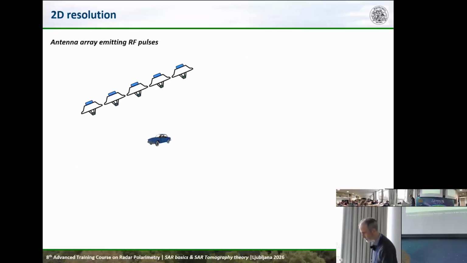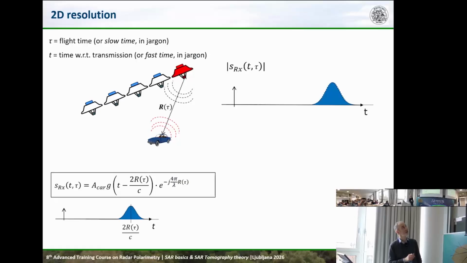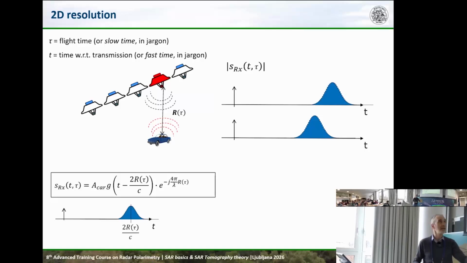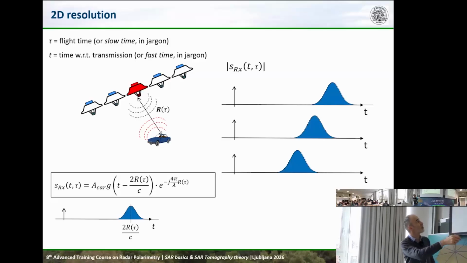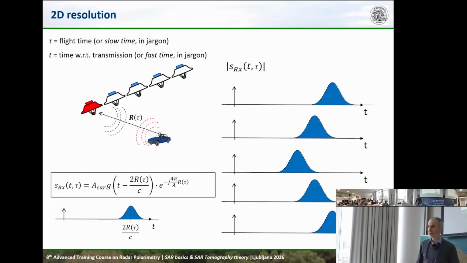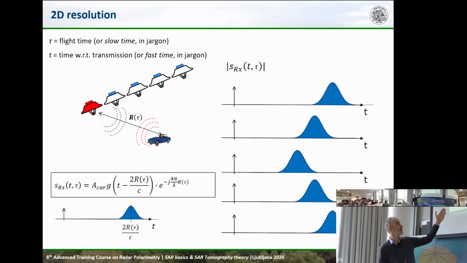So just to repeat the concept, we have the first antenna, and this is the pulse we get. Second antenna, you see that we are a bit closer, so the delay is a bit shorter. Third antenna, this is the minimum delay. Fourth antenna, and fifth. So this would be the signal that you have after this experiment.